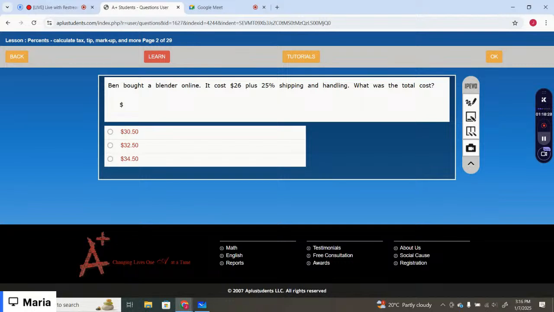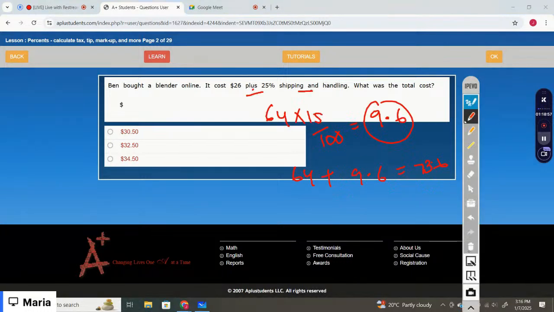Ben bought a blender online. It cost $26 plus 25% shipping and handling. What was the total cost? You have to calculate 25% of 26, right?